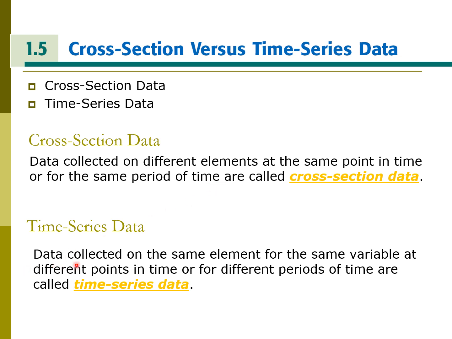Time series is data collected on the same element for the same variable at different points in time. Remember, cross-sectional is different elements at the same point in time. Time series is the same element for the same variable at different points in time.